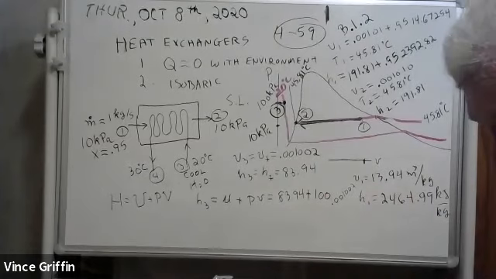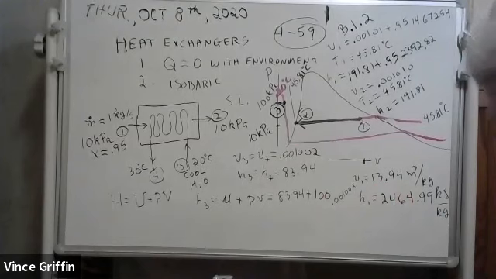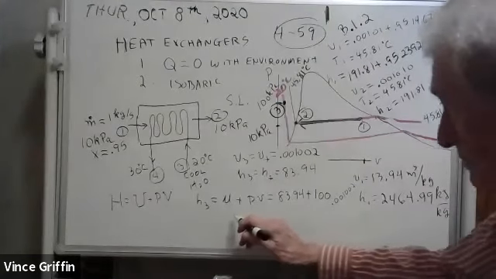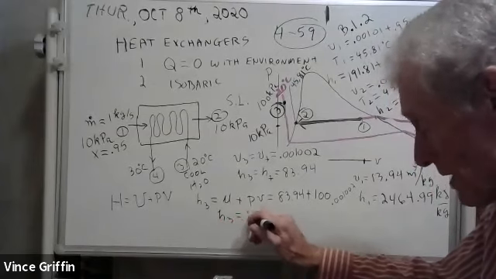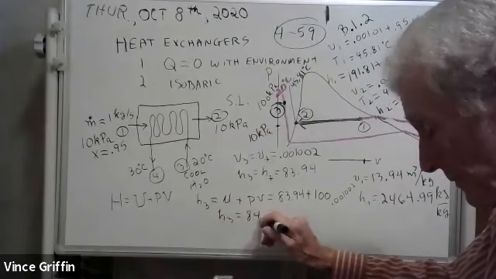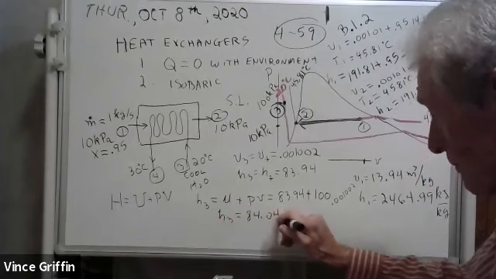Okay, now if you'll do that with me, we'll get a slightly better value, but you'll see it doesn't make much difference. 83.94 plus 100 times 0.001002 gives you H3 is 84.04.